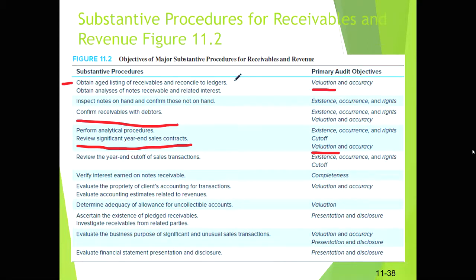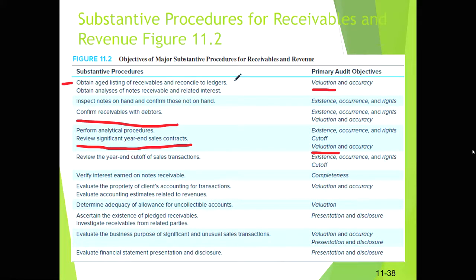Put the balances into those buckets based on how long the invoices have been unpaid. And that's really helpful, because the older the receivable, the less likely it is to be paid back, and therefore the more of that amount needs to be set aside as an allowance. And so the age listing is a very, very helpful thing to do.